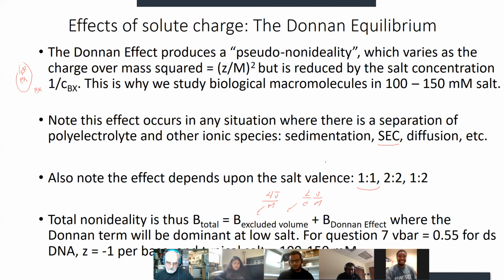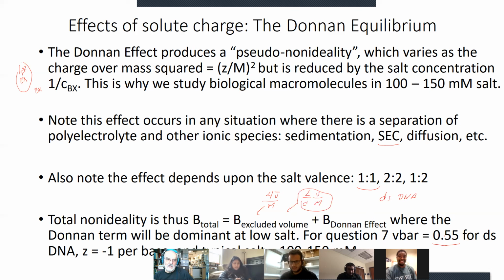So in the book chapter, the question that's going to be in the assignment, I think it's question number 7. I'll go to it in a second. It's a problem that involves double-stranded DNA. Okay, so it's effectively a rod. The equation requires V bar, the partial specific volume of DNA. The DNA field usually uses 0.55 for typical salts, sodium or potassium chloride.